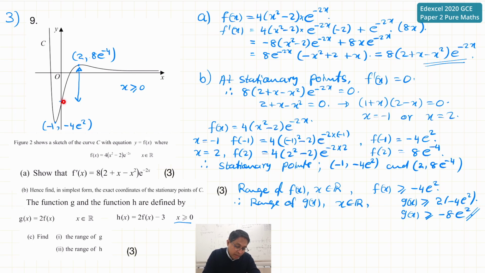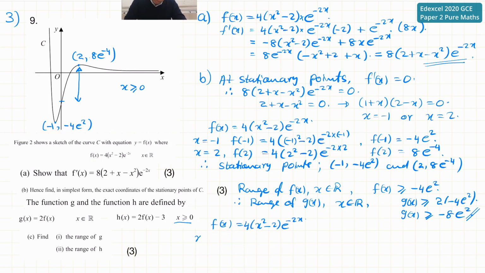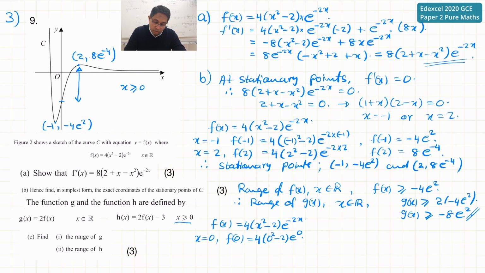To find the coordinate at this point, you can substitute x equals 0 into function f of x. Substitute x equals 0. This is equal to minus 8. So the coordinate at this point is minus 8. Therefore, you can write the range of f of x when x is greater than or equal to 0 as f of x greater than or equal to minus 8 and less than or equal to 8e to the power minus 4.